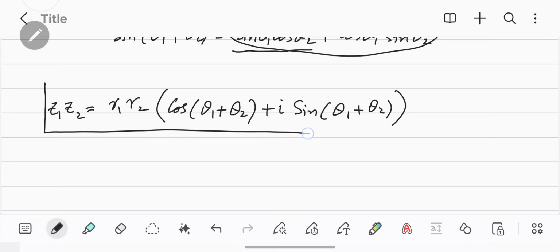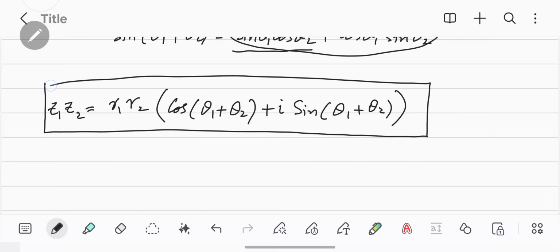This is what we claimed previously, and here we have proved it. Hence proved.